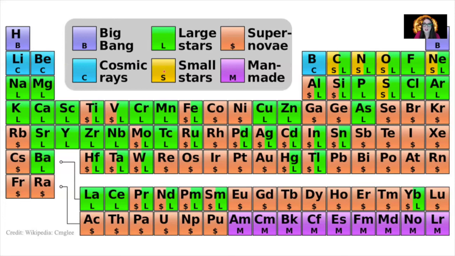S formed in the interior of small stars during some fusion process. And then the red here with the $ sign, those were formed by supernova. And then the purple ones with the M are man-made. So you see that the majority of these elements are formed by supernova or in the interior of stars. Okay, so again, we really are made of star stuff.